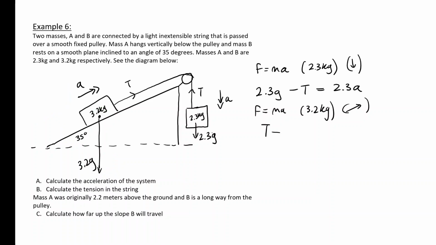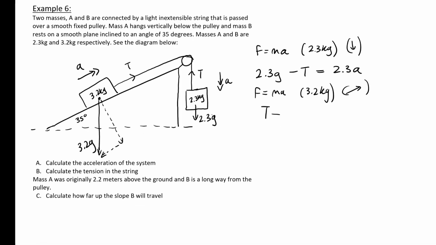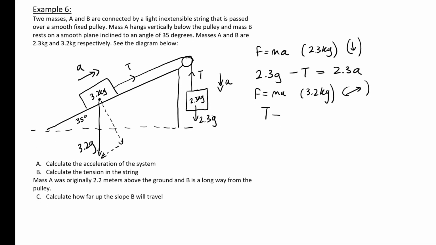So we need to break weight down into relevant components, into the slope and along the slope. Along the slope, this component down here, that's parallel to the direction we're considering, so that's a relevant component.